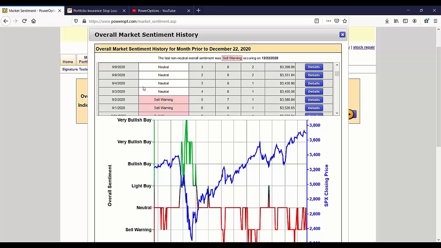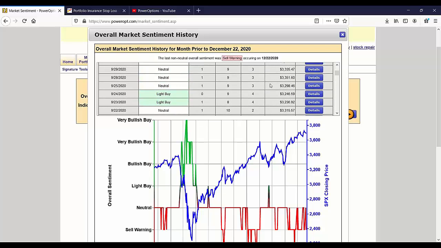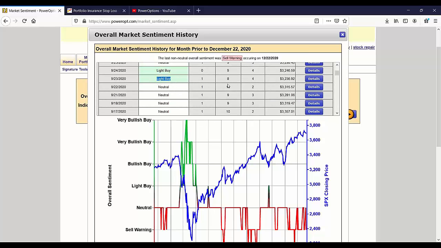And although it wasn't a major downturn, remember, in September, for about 3.5 weeks, we saw almost a 10% decline, about an 8% decline on the S&P 500 and across the market. Then we started to see the light buy, near the bottom, when we got down to that 3,200, 3,236, and 3,246 range.